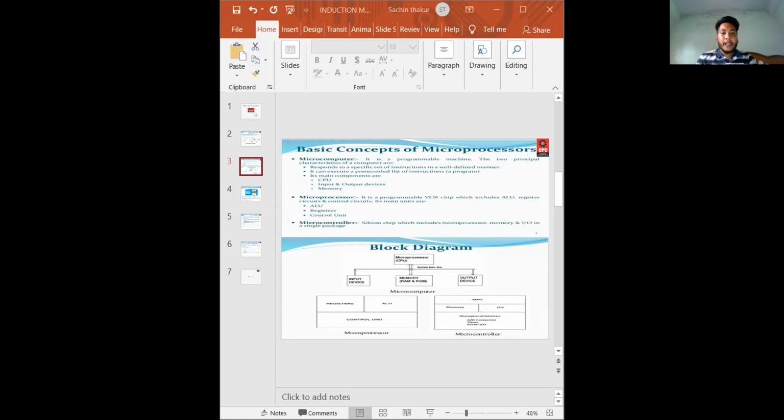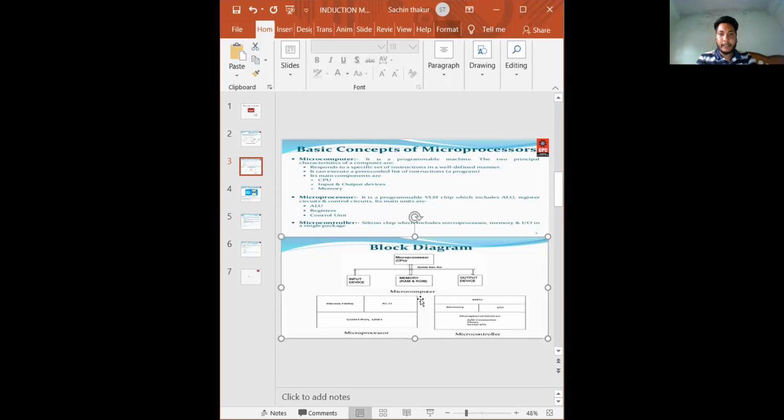About memory, the 8085 can access up to 64 KB, whereas the 8086 can access up to 1 MB. The 8085 does not have any instruction queue, whereas the 8086 has an instruction queue. And about cost, the cost of the 8085 is low, and the cost of the 8086 is high.